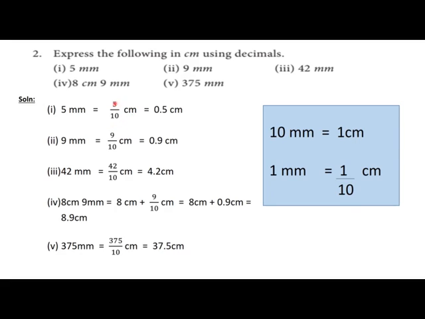You can write this fraction in terms of decimal like this. Write the numerator as it is, count the number of zeros in the denominator, and put the decimal point according to the zeros. Here there is only one 0. Consider a decimal point is here. You have to move the decimal point one step to the left-hand side, because here only one 0 is given.